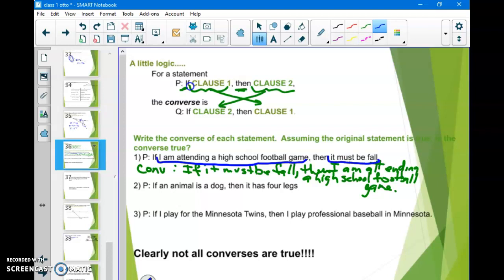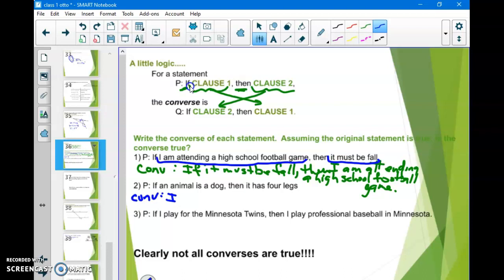Alright, so let's take a look at this one. I'm going to be a little bit more articulate on this one. I'm going to take if, and in this case, I don't want the pronoun it there because it's weird in grammar to have the pronoun before the noun.